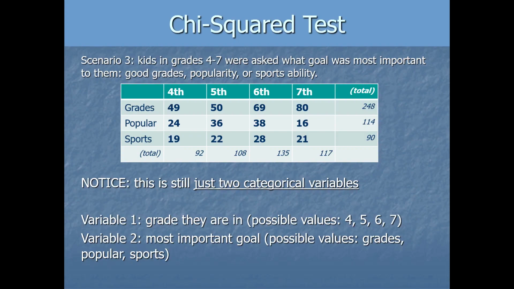If it's not statistically significant, we would fail to reject the null hypothesis, and our results are inconclusive. We wouldn't have any good evidence of a link. The important point is the chi-squared test can be used for categorical variables even if they have 3 or 4 or even more levels than that. So it doesn't have to be a 2x2 table like we saw in the first couple of scenarios.